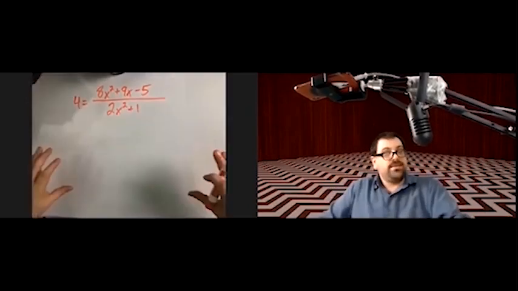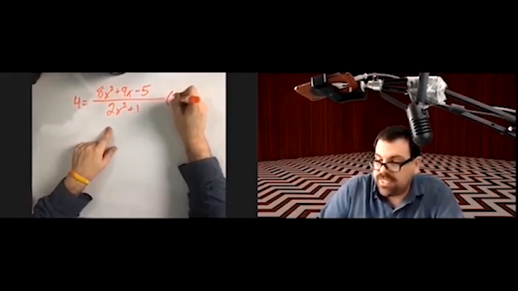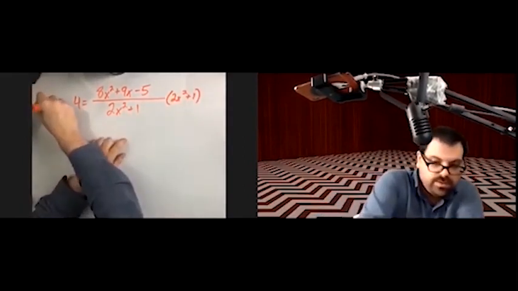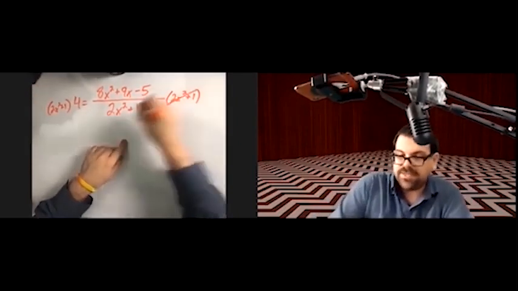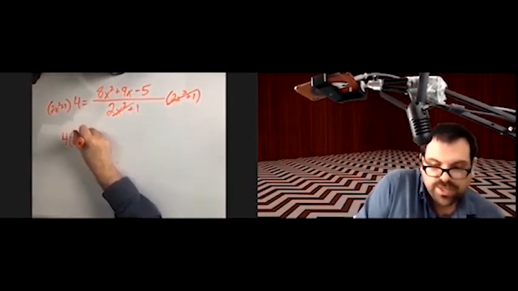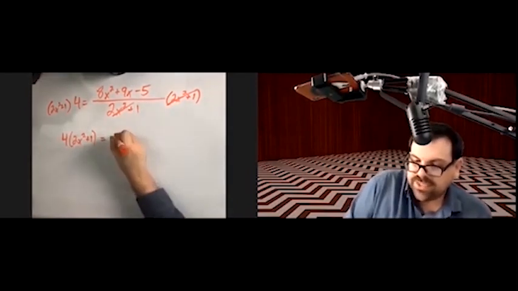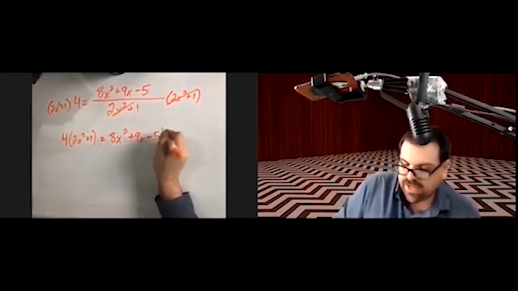We want to make this a straight line equation. We would multiply both sides by the 2x squared plus 1. That'll cancel that out here, and we'll be left with 4 times 2x squared plus 1 on the left. On the right, we'll just have the 8x squared plus 9x minus 5.